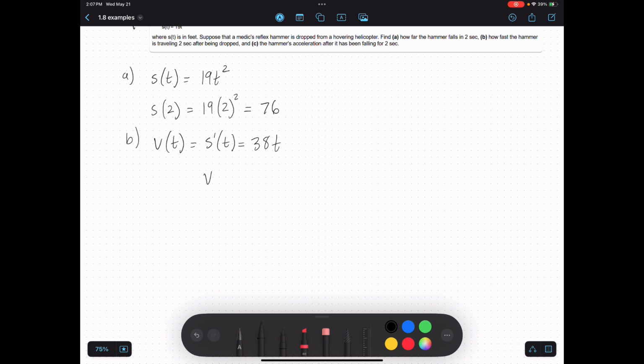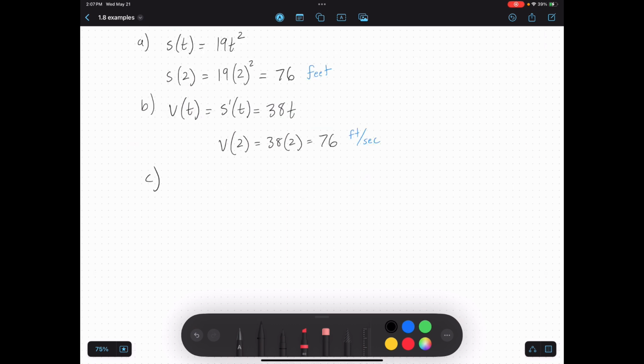All I need to do is just plug in 2. 38 times 2 is, look at that, 76 again. Now, these numbers are the same, but remember the units are different on this. This represents the hammer traveling 76 feet. This represents the hammer traveling at a speed of 76 feet per second.